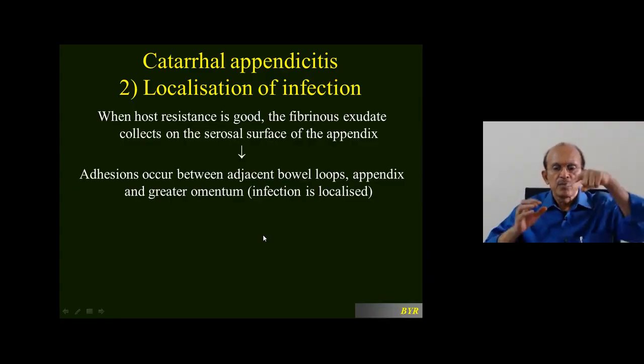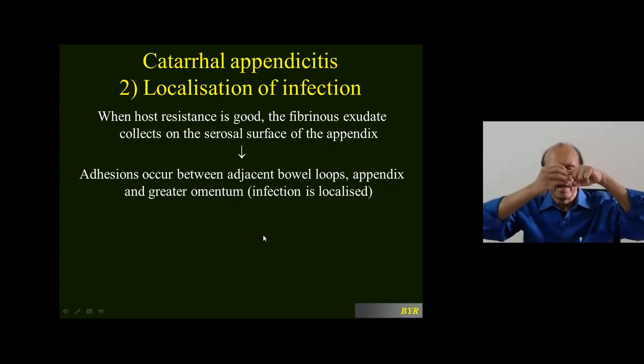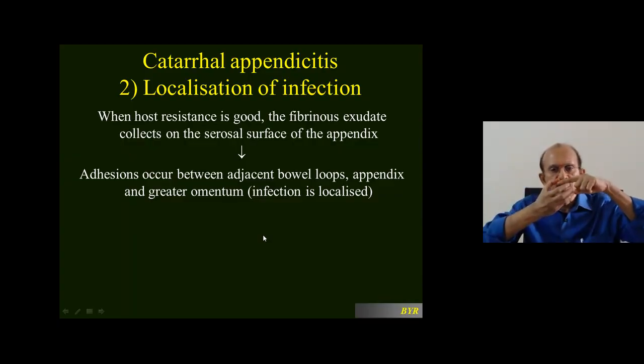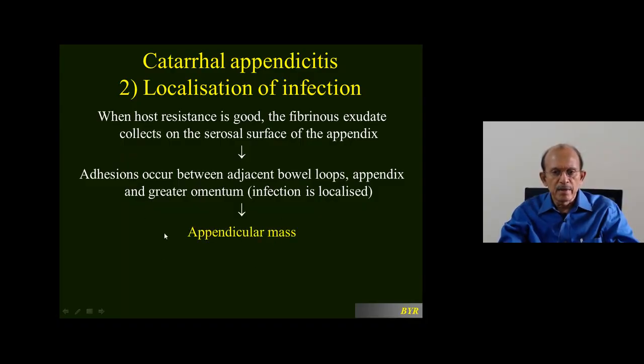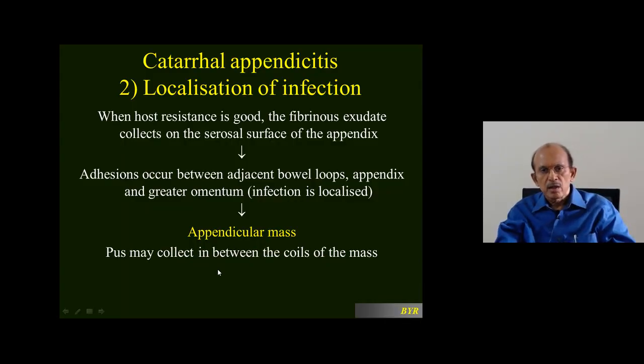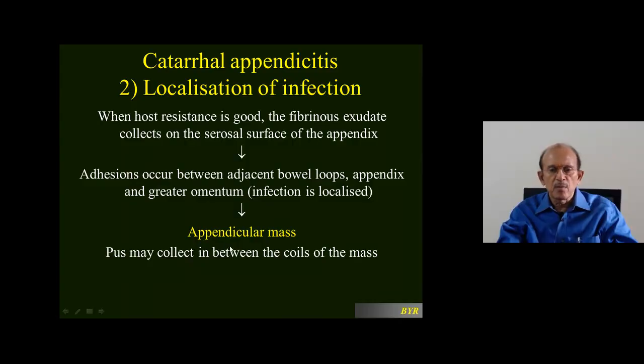So whenever the appendix is glued by surrounding viscera, the infection gets contained within this mass of adhesions. This forms an appendicular mass. Sometimes there may be pus within the mass. Then it's called an appendicular abscess.